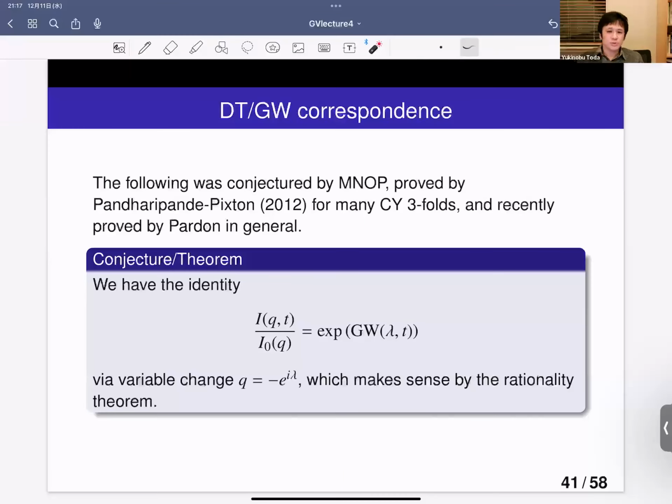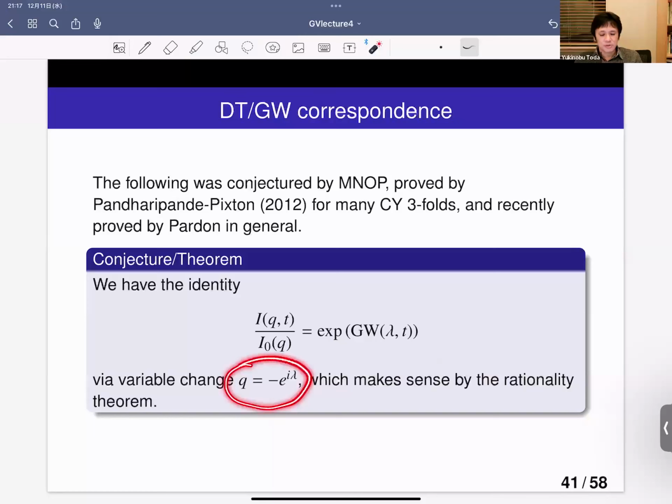Then the Donaldson-Thomas Gromov-Witten correspondence is formulated in this way. This was proven by Pandharipande-Pixton for many Calabi-Yau threefolds, including quintic threefolds. And in general, it was recently announced to be proved by John Pardon. So the statement is that there is an equality of the generating series via this variable change.